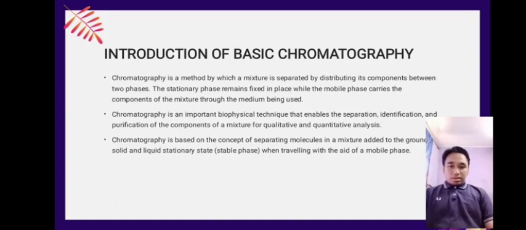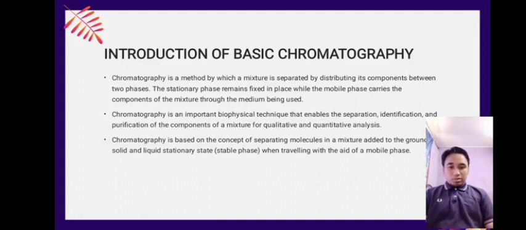Chromatography is a method by which a mixture is separated by distributing its component between two phases. The stationary phase remains fixed in place while the mobile phase carries the component of the mixture through the medium being used.